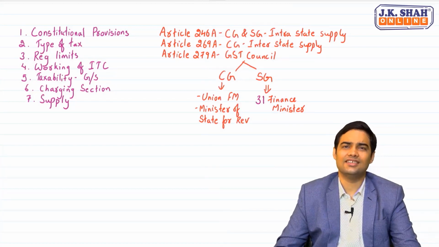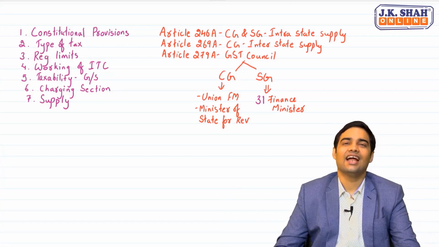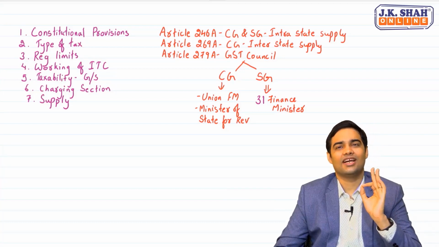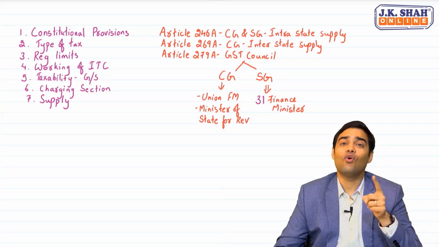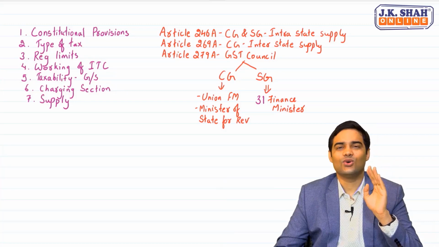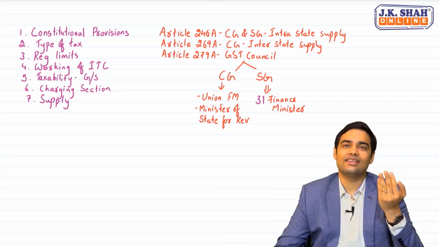But sir, does India have 31 states? Now remember, for the purpose of GST, 3 union territories would be regarded as states: Delhi, Jammu and Kashmir, Puducherry. These 3 will be regarded as states for the purpose of GST. Never applied anywhere else. It is only for the purpose of GST. Because these 3 are union territories with legislature.